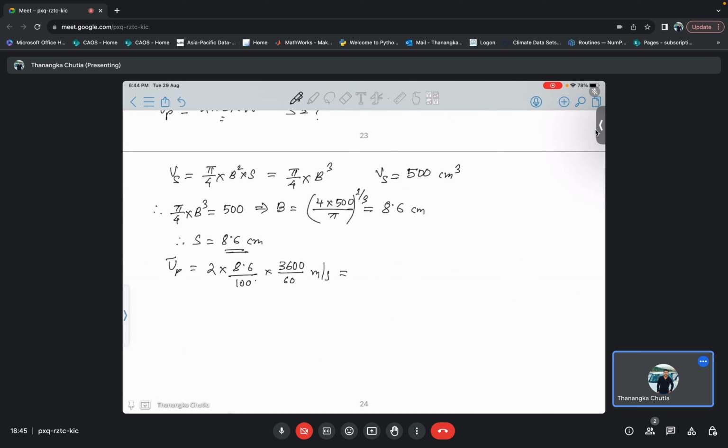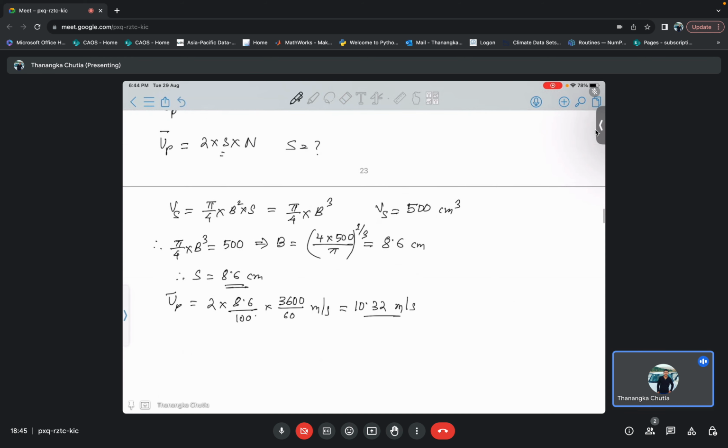This is 10.32 meters per second. So you got up bar.